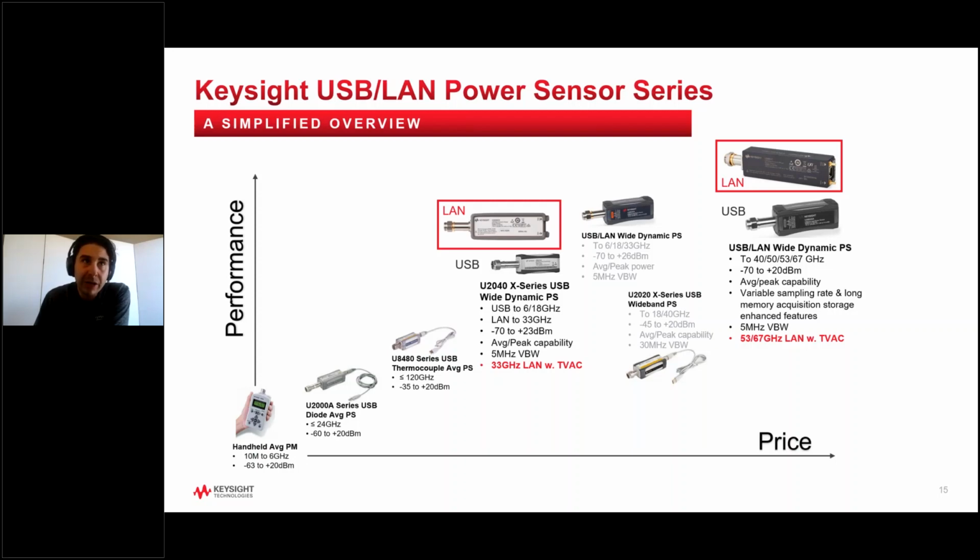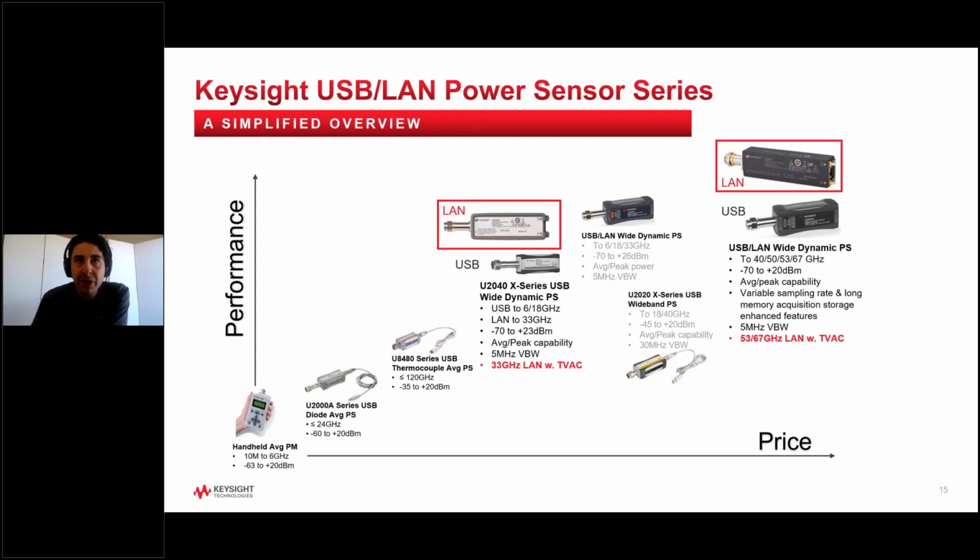Now, as you move across, these might be power sensors that you've come across previously. The ones that I'd like to specifically point out are our U2000 series, which have a wide dynamic range, have a wide range of input powers, and are also both USB and LAN connectivity.